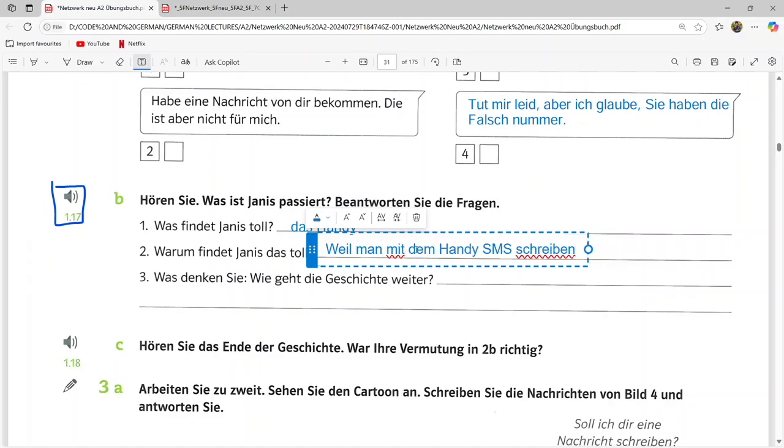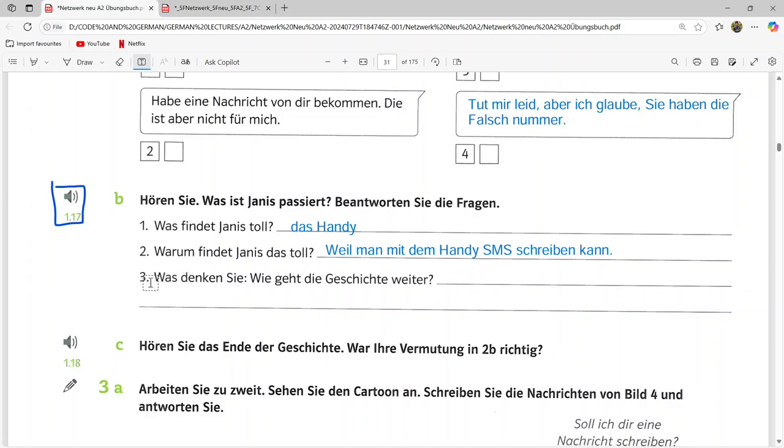So in A1 lecture you also know this one. So if you use while, then the verb goes at the very end. Why? Because I just write two sentences here. Yanis findet das Handy toll, weil man mit dem Handy SMS schreiben kann. So this is the full sentence. Okay.